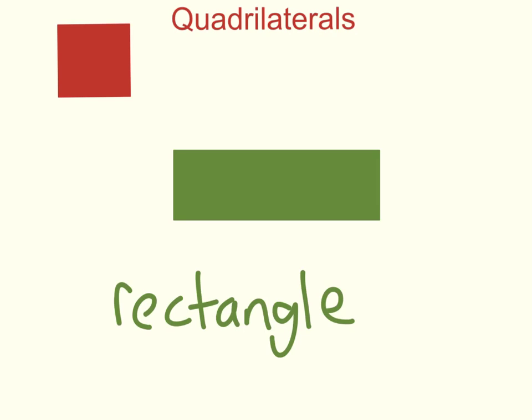The opposite sides are equal. Remember that in a square, all sides are equal. A rectangle also has four perpendicular angles and one set of parallel lines and a second set of parallel lines. So that's a rectangle, two sets of parallel lines.